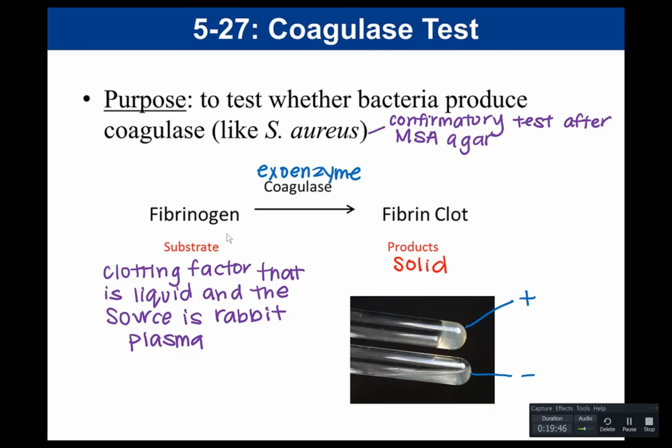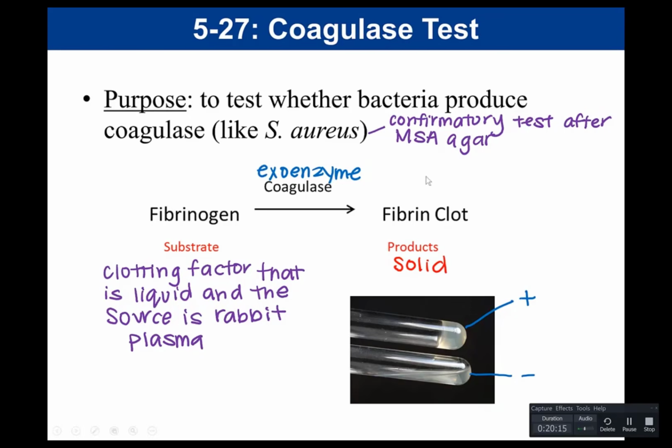Now, if there's bacteria in the tube and the bacteria produces coagulase, this is going to be an exoenzyme because the bacteria needs to secrete the enzyme outside of its cell to produce the clot around it. And so this is why this enzyme is an exoenzyme. And so if the bacteria is present and they are coagulase positive, they're going to secrete this coagulase.